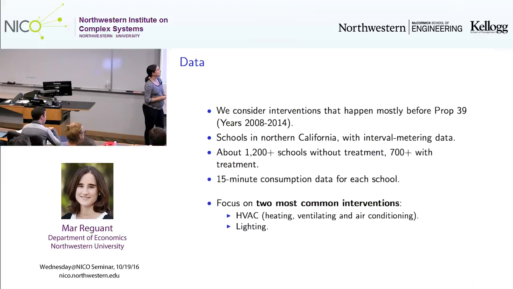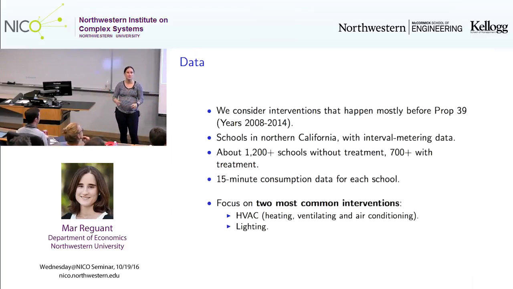Out of those 2,000 schools, even before Prop 39, many of them were already engaging in these energy efficiency projects. It would be some sort of rebating for new lighting or rebating for having a better HVAC system, air conditioning mostly. It would be some incentives for replacing the fridges at the school or other cooking appliances at the school. So it's basically a battery of incentives to make the schools more energy efficient.